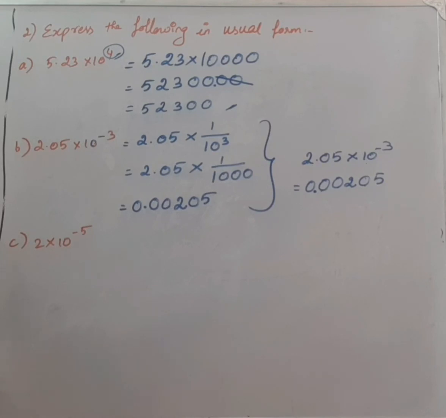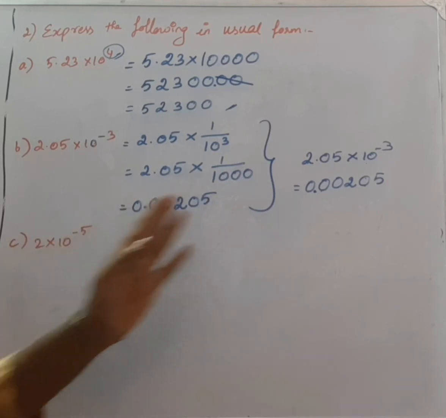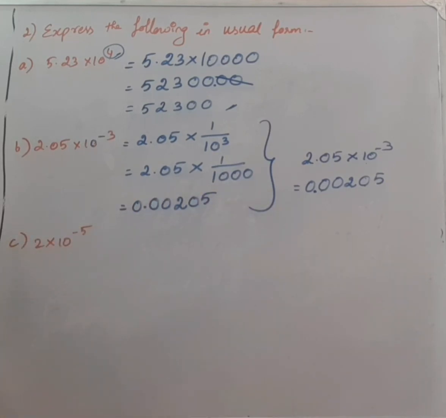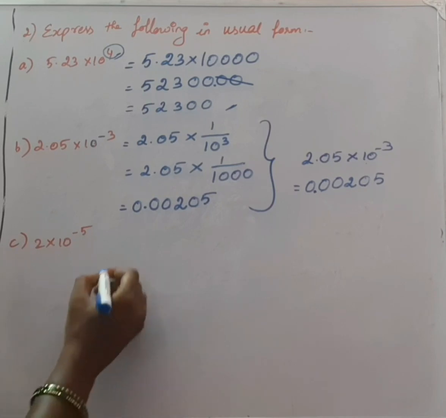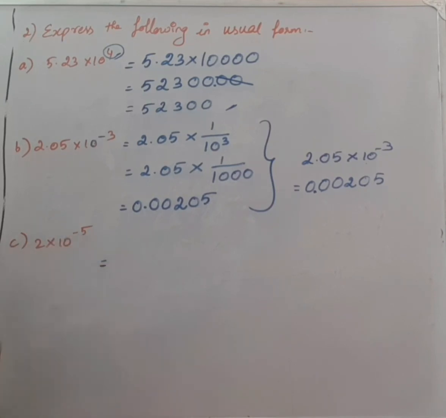Okay. So let us rewrite the C sum in the simplest form. So 2 into 10 power -5. Here there is no other number. They have given only one number as 2 and the other as 10 power -5. So how do we write this one? -5 means, as I said, we want to add 5 zeros on the left hand side.